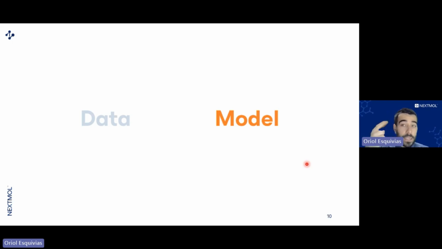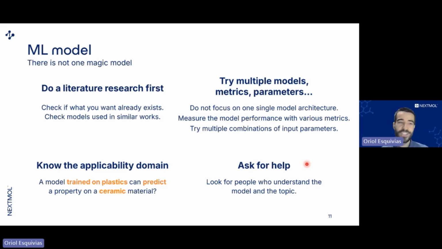Which machine learning model, which architecture should we choose? The answer maybe you won't like, but there is no magic model. There's no one-fits-all model. What you have to do is first check the literature, check previous works, because sometimes what you are trying already exists, or maybe they have done similar things that you can take inspiration from.